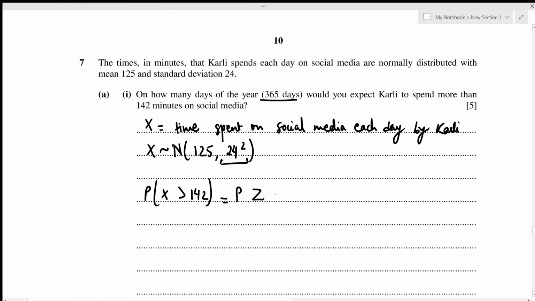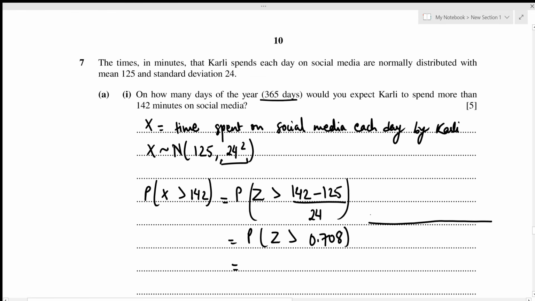So that's Z is greater than 142 minus mean value, so that's 125, divided by the standard deviation, that's 24. That's just probability Z is greater than 0.708.